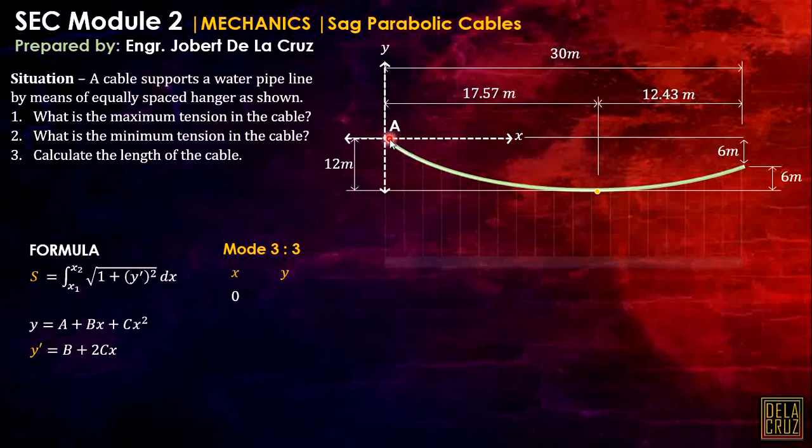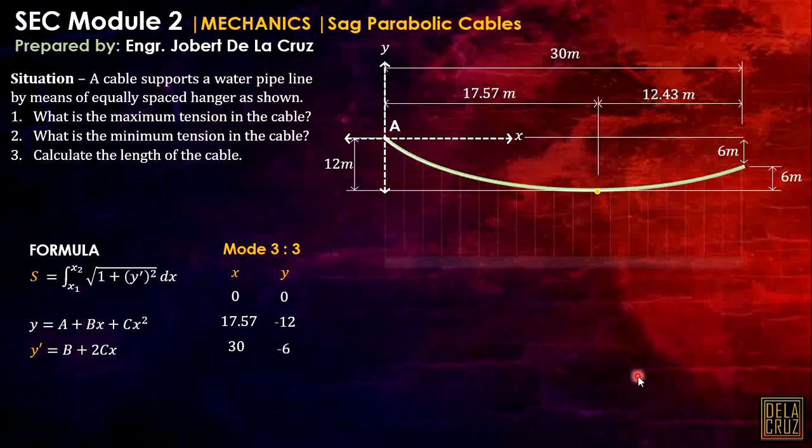Let's say point A: X is 0, Y is 0. At this point, X is 17.57, Y is from here up to the lowest point, that is negative 12 meters below. Then, when X is 30, Y is, take note, from this reference point up to that point, negative 6.